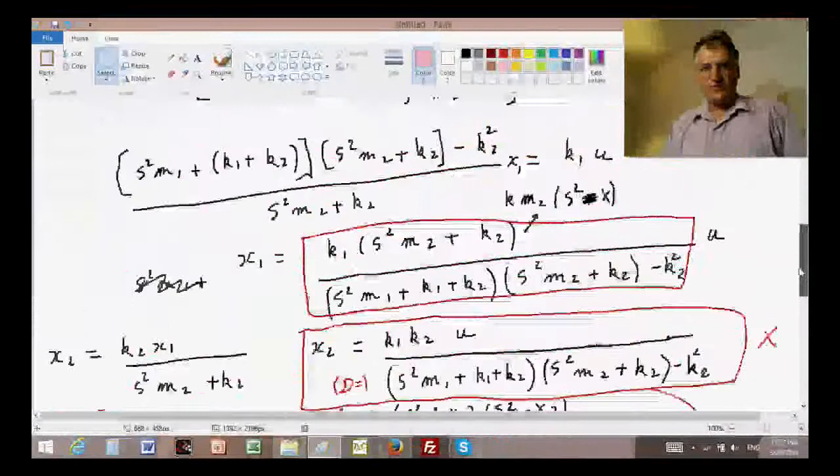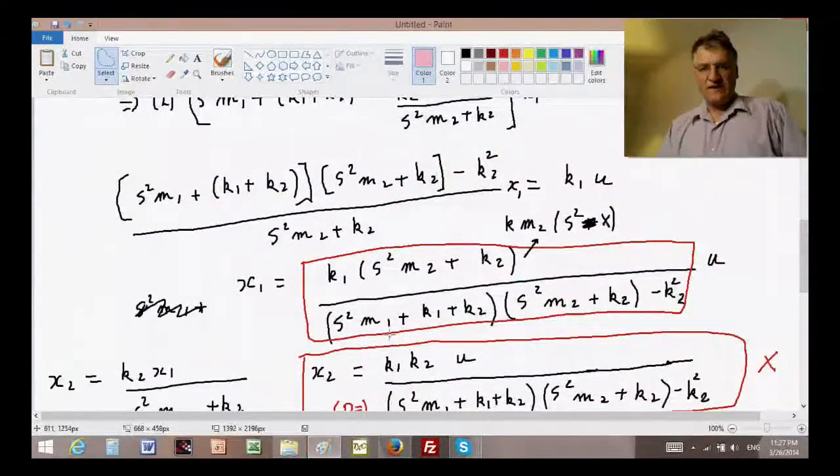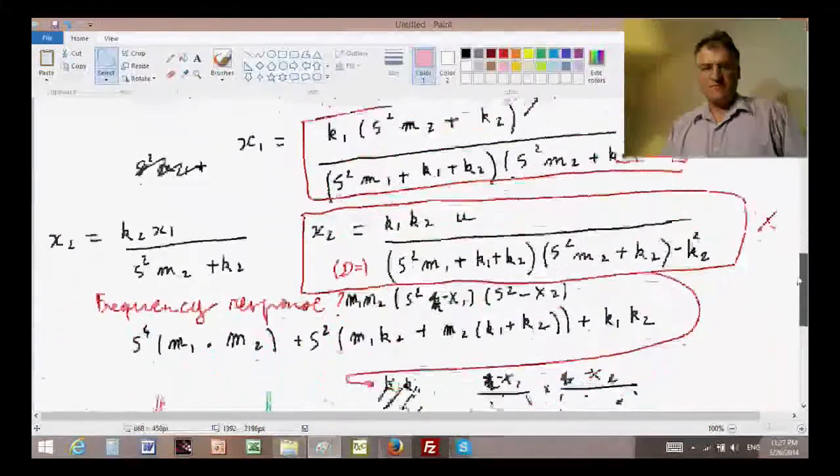Now that transfer function contains the same terms as this one, but has a slightly different term here.